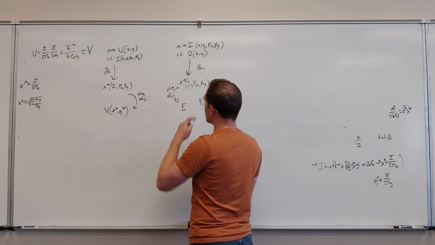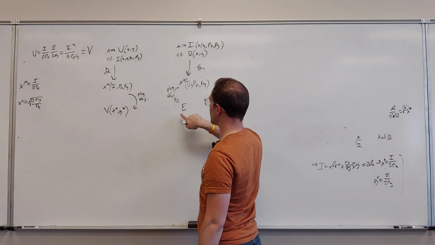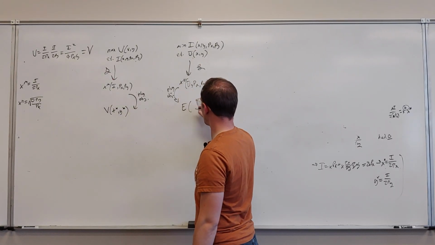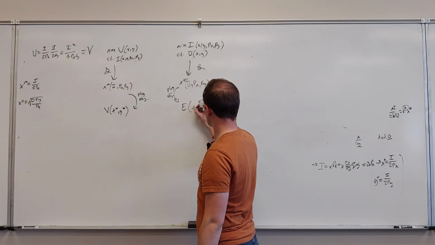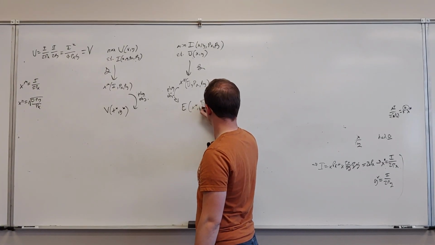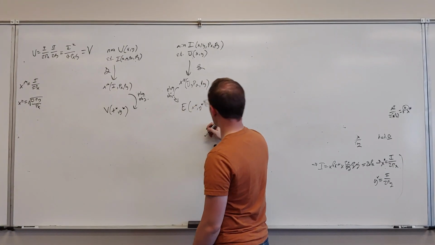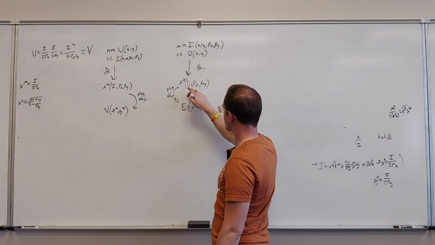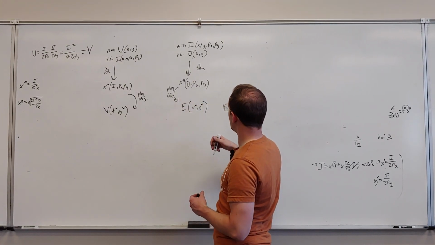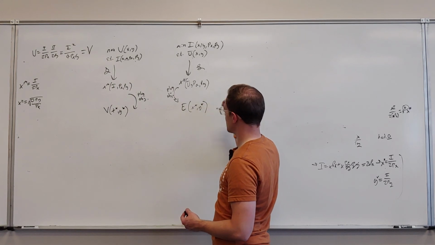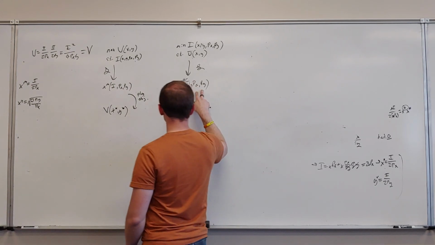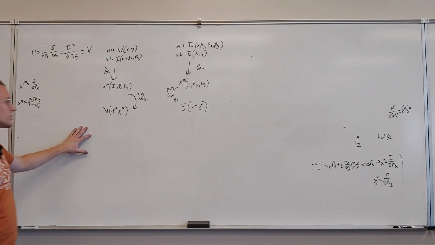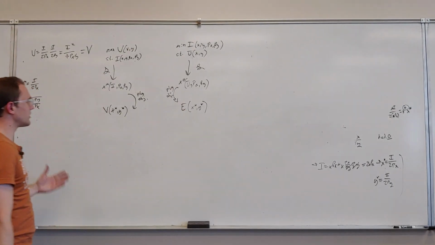Basically, instead of calling it I, I'm calling it E. So there I change the U to a V, here I change the I to an E. I get an expenditure function that's in terms of my x star and my y star, which is in terms of utility and also prices. Yeah, prices are in there, but prices are also in my x star and y star. So you get your indirect utility, you get your expenditure, you get those both ways.